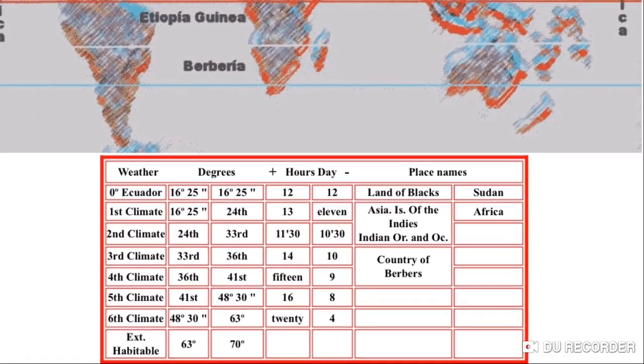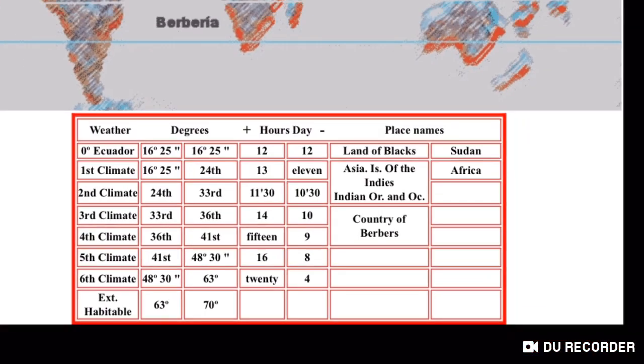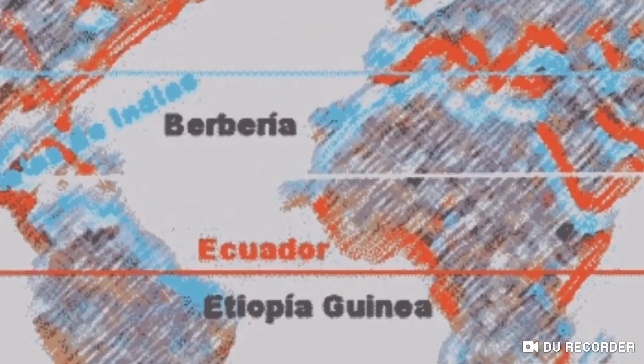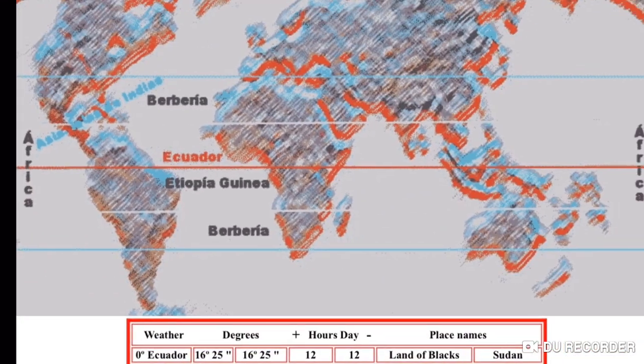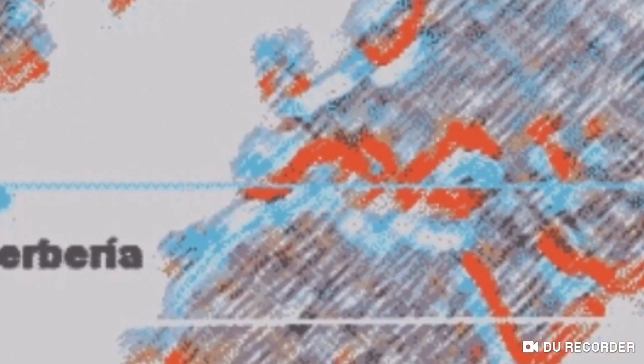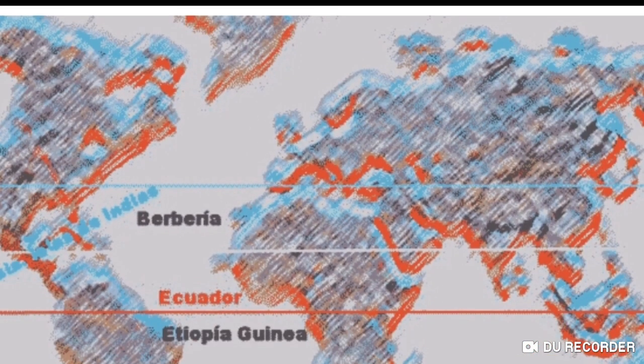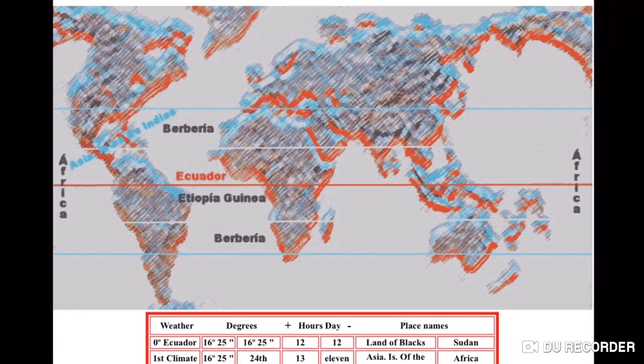So we got the country of Moors or Berbers. We got Berberia. We got another one. All this is within the quadrant of Africa, and we know the country of Berbers right there. We know that right now in modern day understanding. This is Northwest Africa, Morocco, Mauritania, Algiers, Tunis, Tripoli, but we don't know about the South, right?